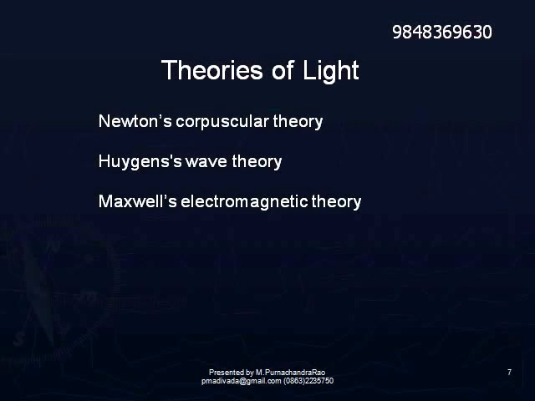Hence, another theory was taken up, Huygens' wave theory. This also failed in explaining certain properties. Hence, Maxwell's electromagnetic theory was proposed. It could explain some more properties. And finally, quantum theory was proposed, which almost explains all the properties exhibited by light.